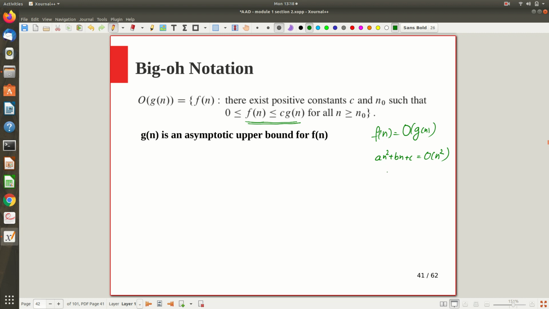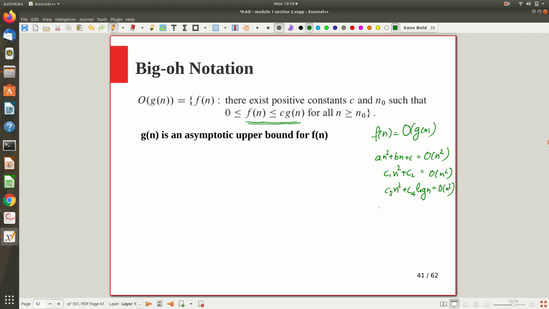Now you can vary these constants: some constant c1 into n square plus another constant c2, which you can also write as big O of n square. Now with c3 n square plus c4 into log n, the log n is asymptotically a smaller term, and n square is the dominant term here, so also big O of n square.